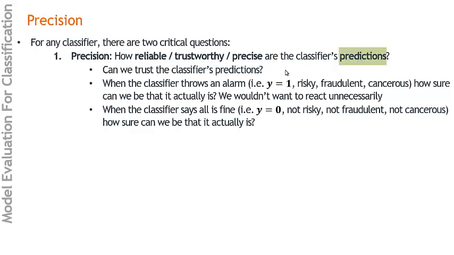So if the classifier tells us that it's a 1, can we be confident that it is in fact a 1? Now, this second question here concerning class 0, the precision focuses on one particular class and not on the other. So precision would address this first question, but not this second question.